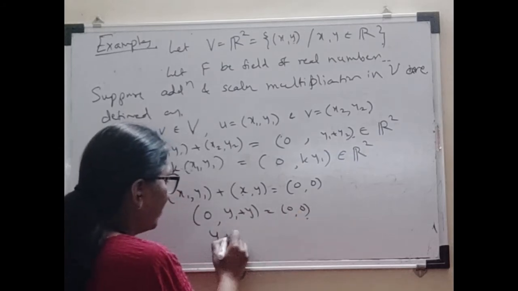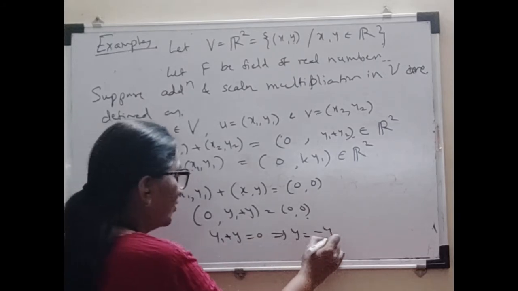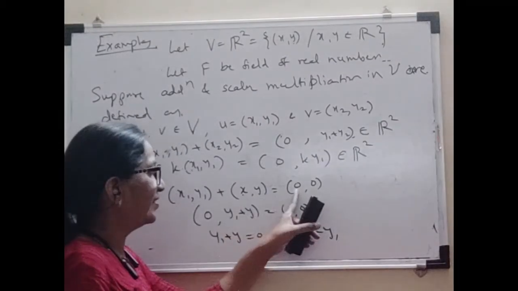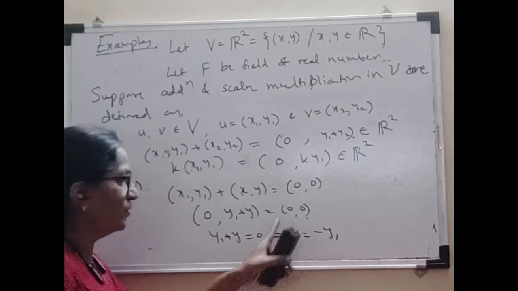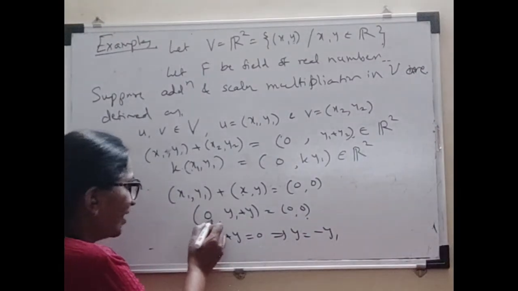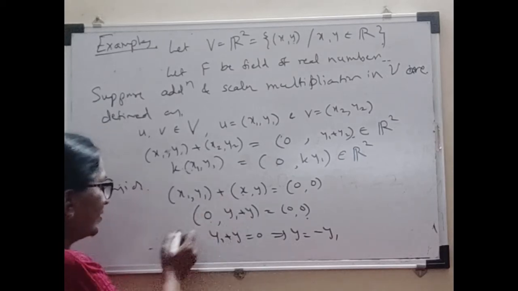So I'll get y1 plus y is equal to 0, so y is equal to minus y1. What about x? We can't find x over here, so x is free. So x can be anything.